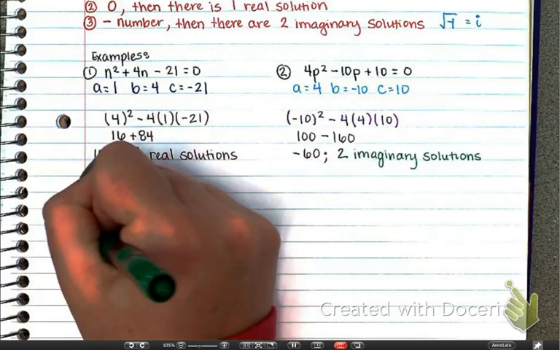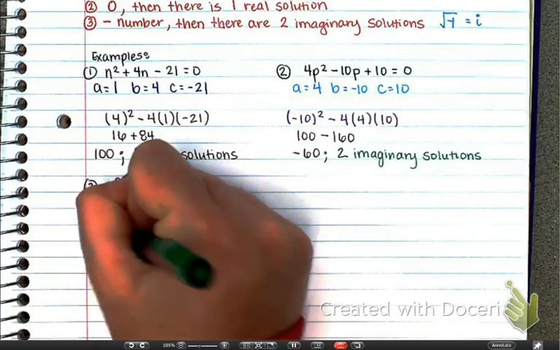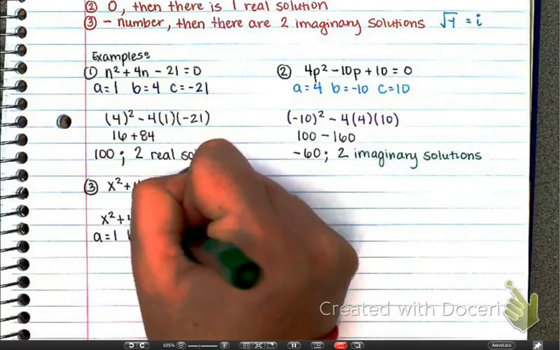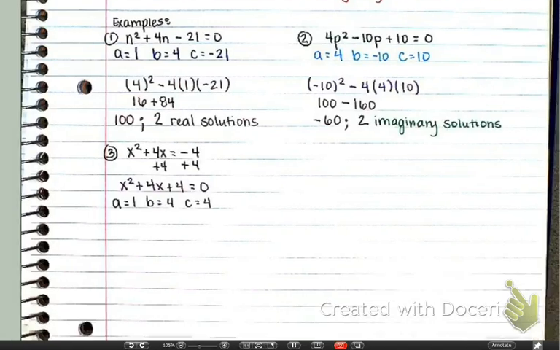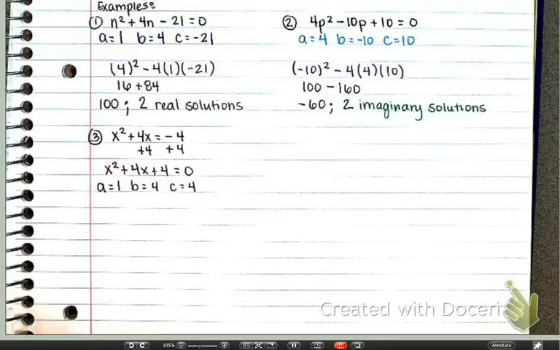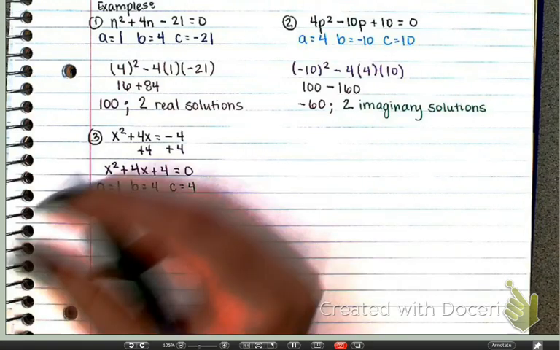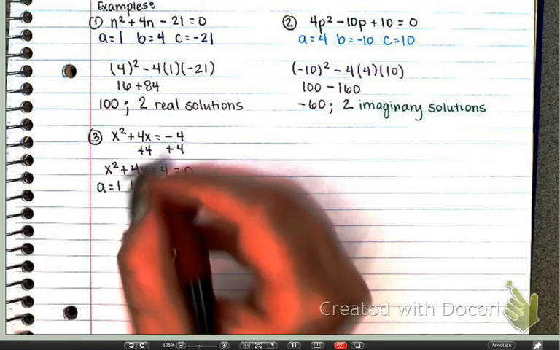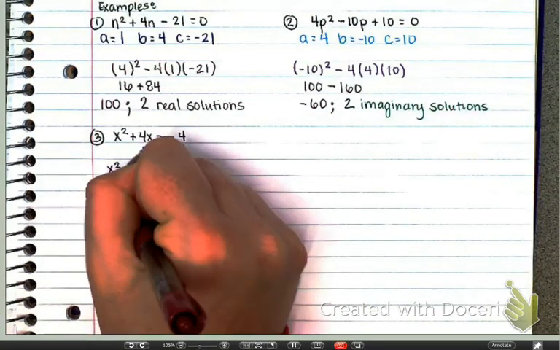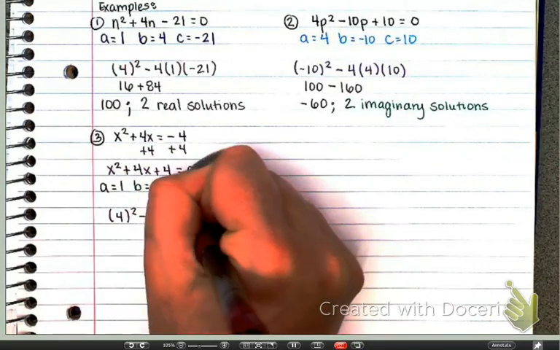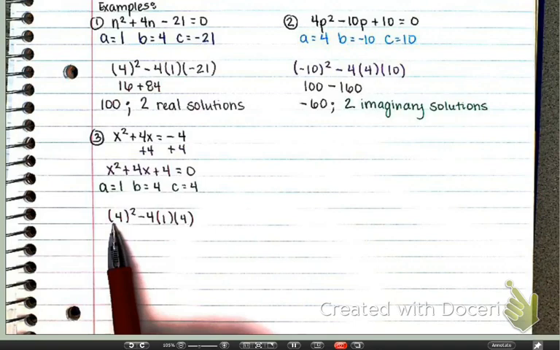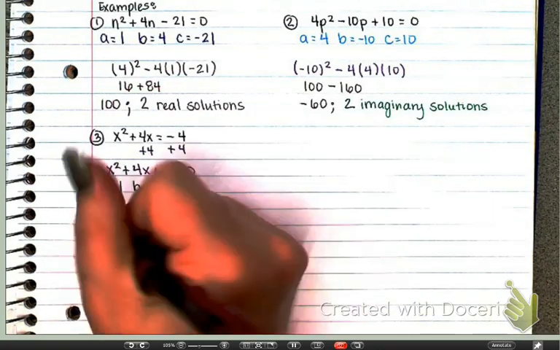So when I identify A, B, and C, A is 1, B is 4, and C is 4. And I'm going to plug it into b squared minus 4ac. So 4 squared minus 4 times A times C. 4 squared is 16.